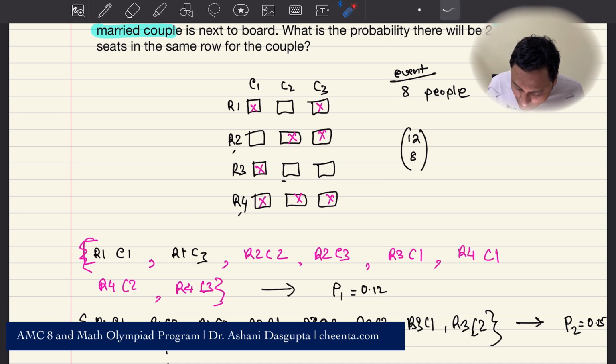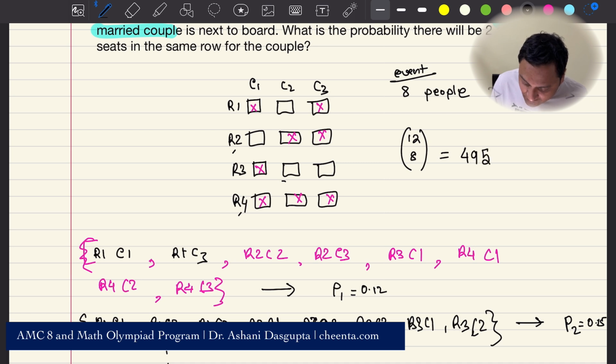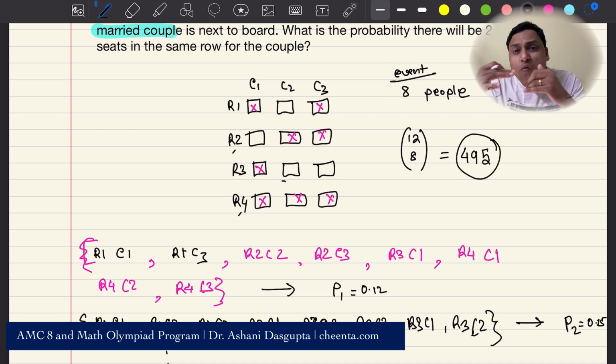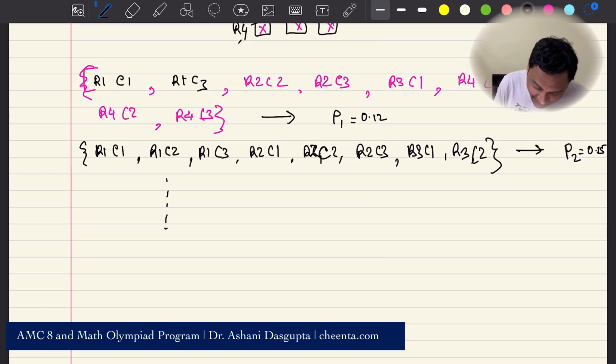That is 12 choose 8, which is same as 495. There are 495 such possibilities, such cases.